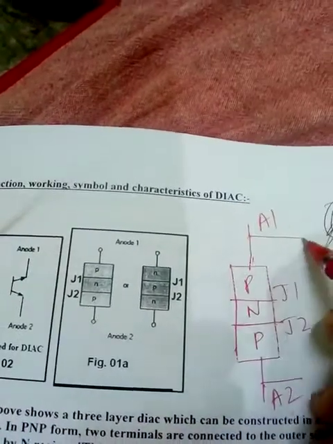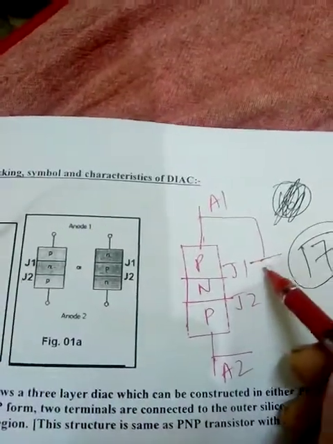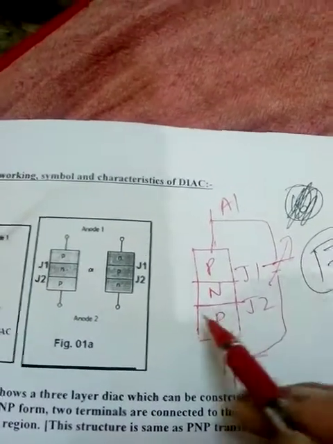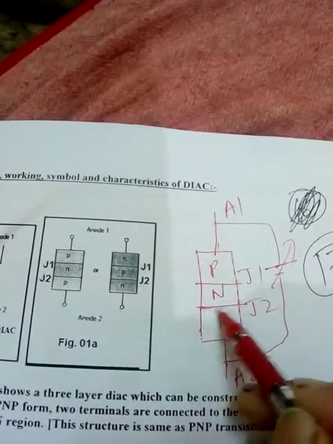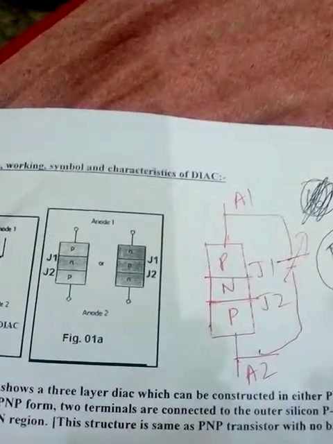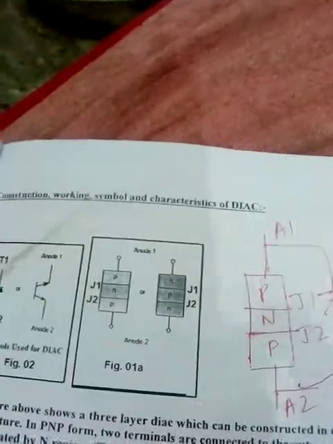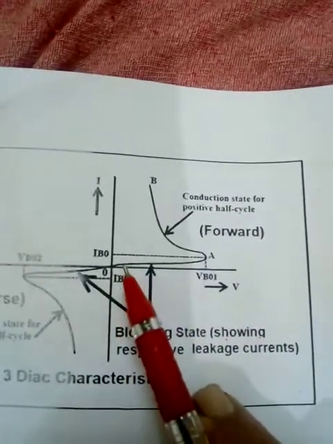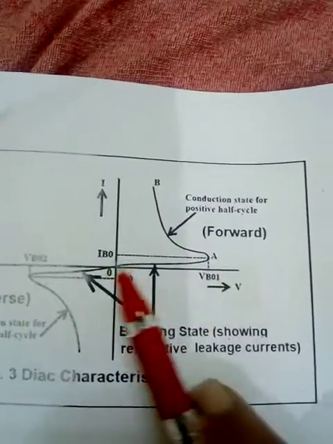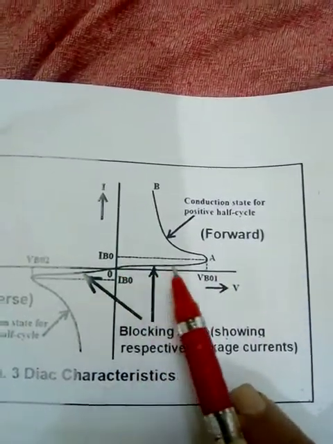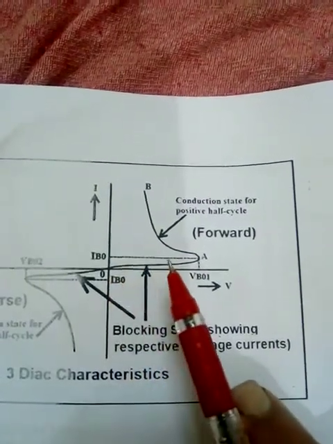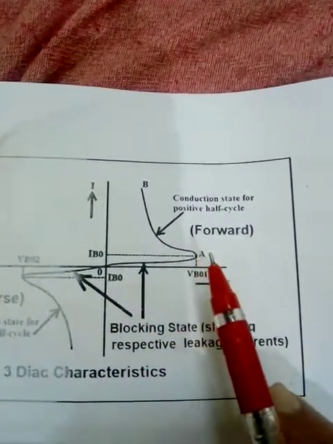But if you keep on increasing the applied voltage, a point may come when this junction breaks down. So the diac will conduct. See here, as the voltage is increased, it will not conduct and the current will be almost zero, only leakage current will flow because of the reverse biased J2 junction.